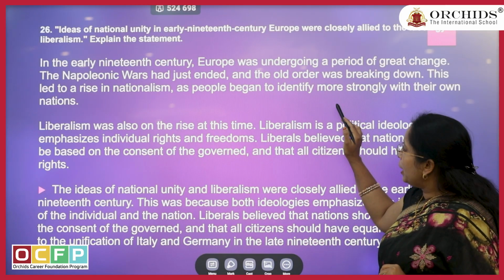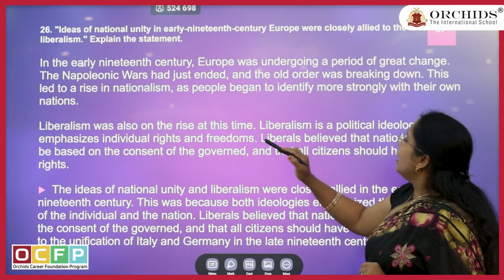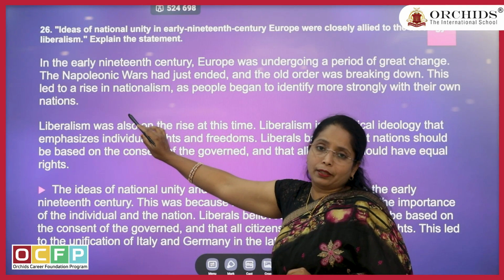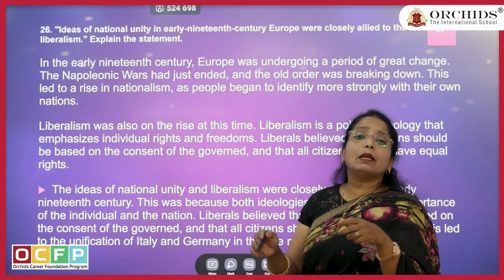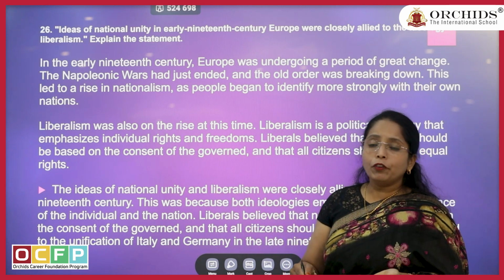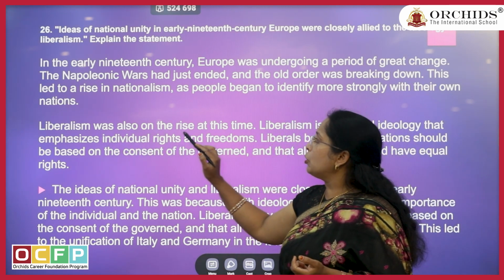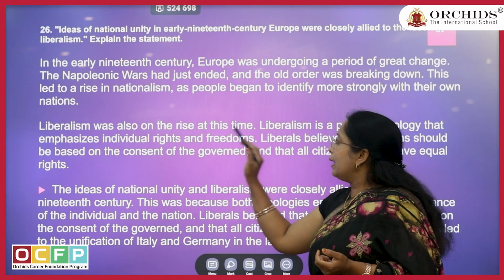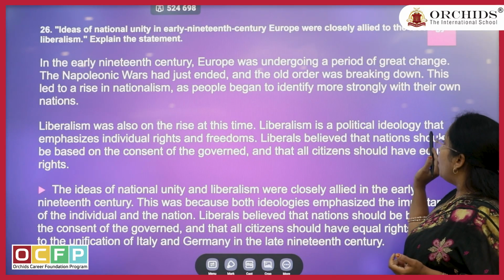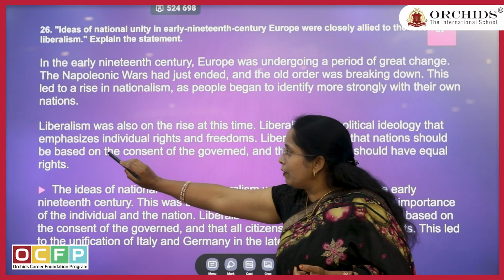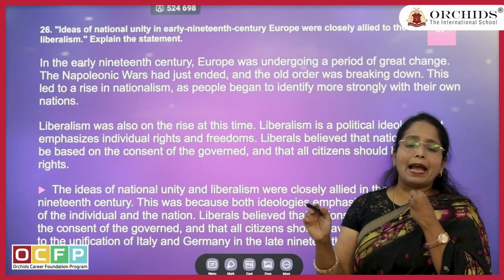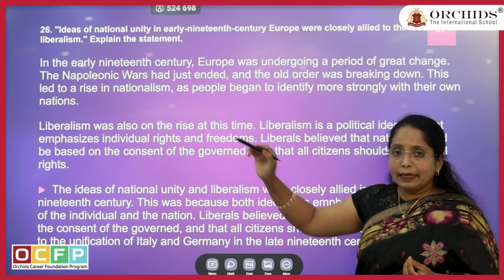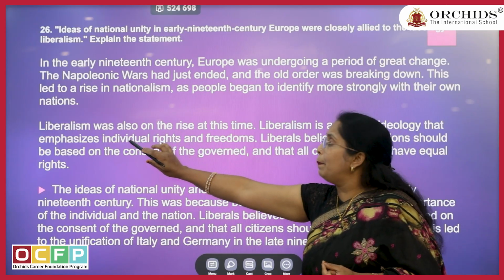As people began to identify more strongly with their own nation, now they belong to one particular nation, and that nationalism was growing among the people of Europe. Liberalism was also on the rise at this time, the political ideology that emphasizes individual rights and freedoms. See, everyone has some right and freedom, and that was emphasized in liberalism.